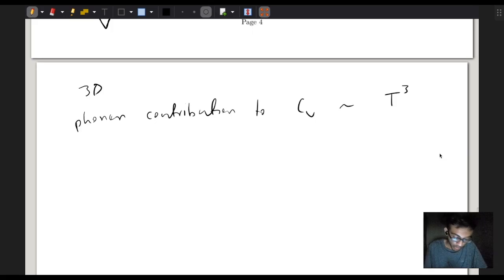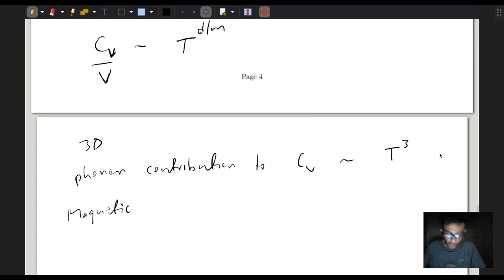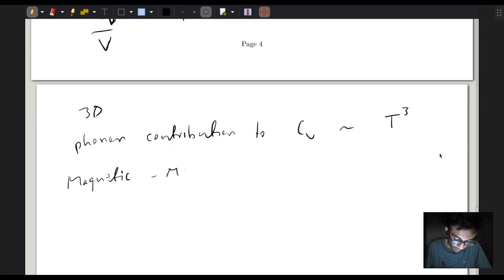And if you have, let's say, some magnetic material, then the magnon contribution. There are these gapless excitations called magnons, which disperse as k squared.